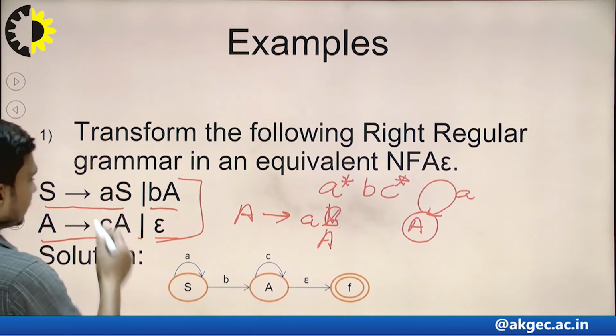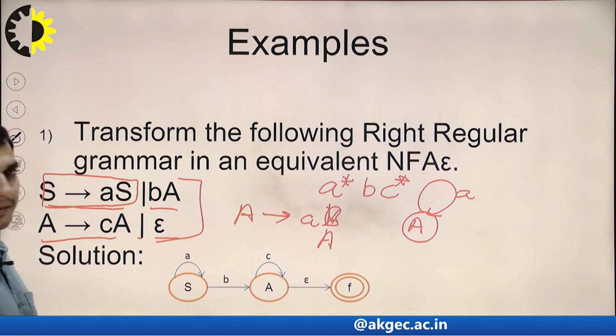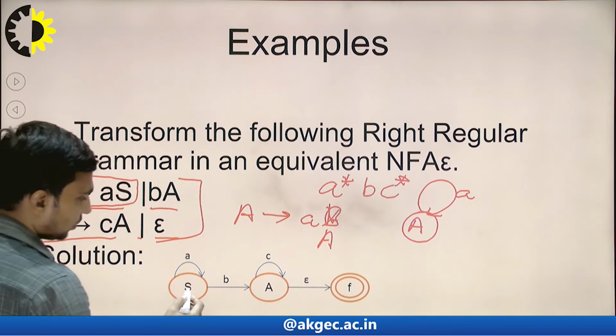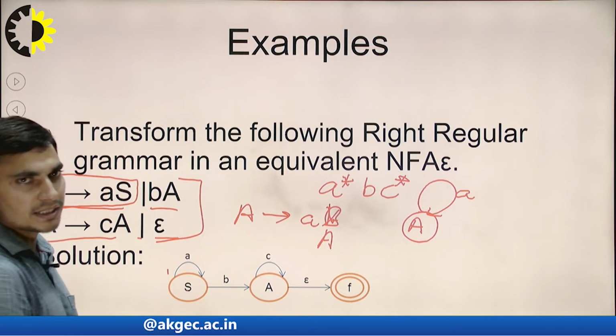So for this production we create a transition on S: reading input a, it reaches state S itself.